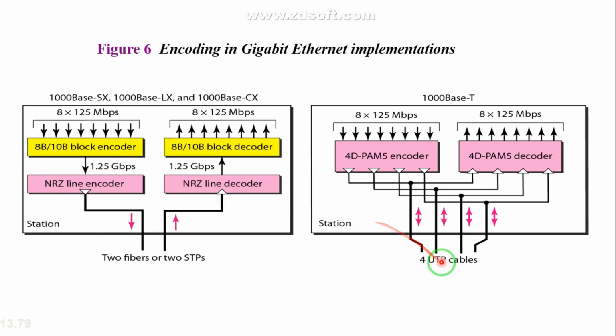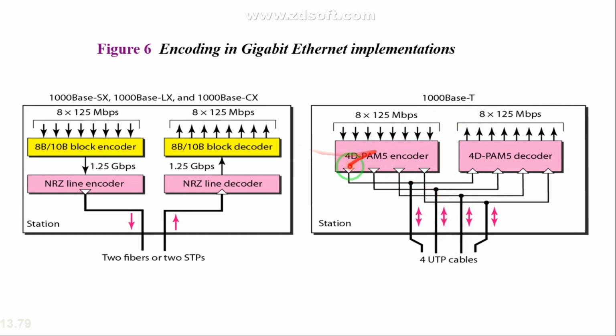Now, in this four-wire implementation, it is not possible to have two wires for input and two wires for output. So each wire would need to carry 500 Mbps data rate, which is going to exceed the capacity of this Cat5 UTP cable.